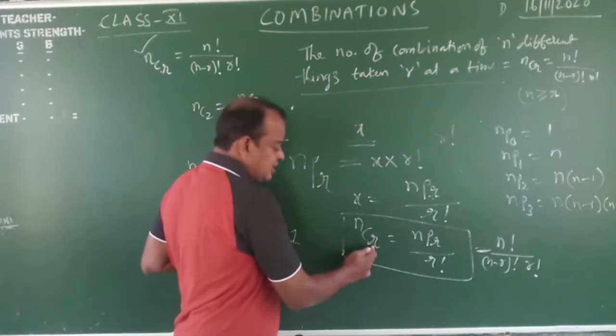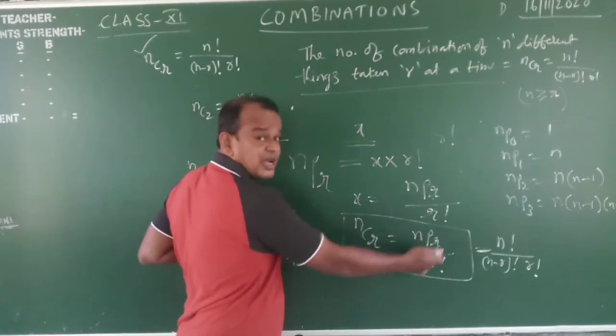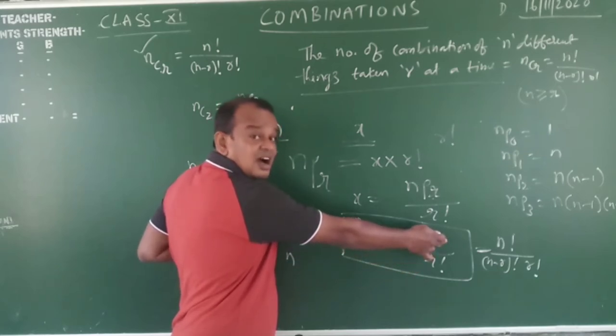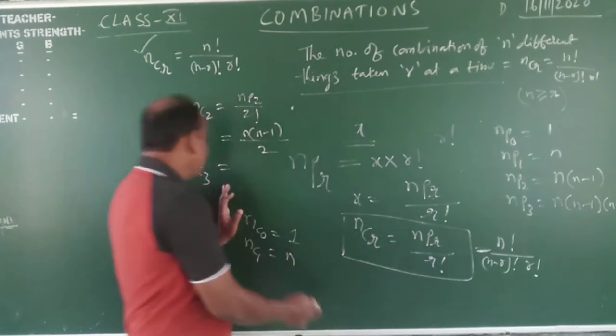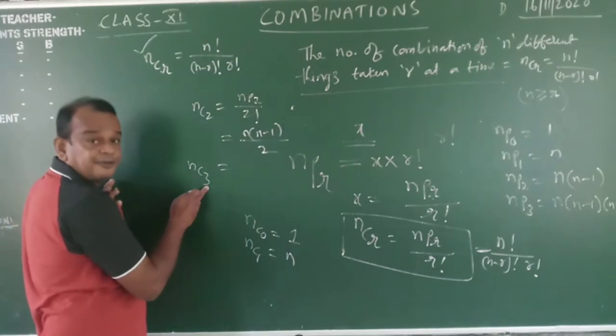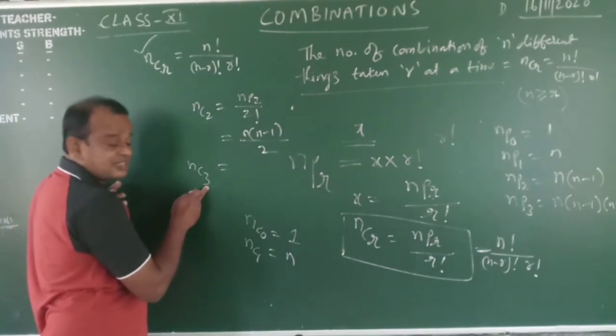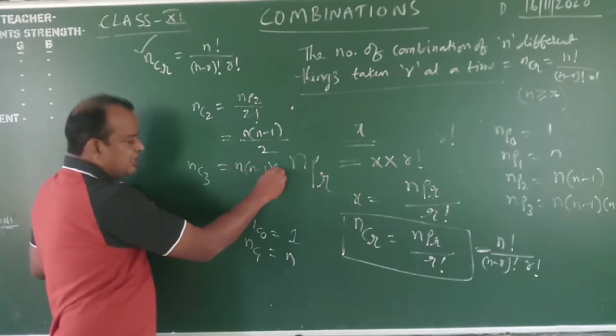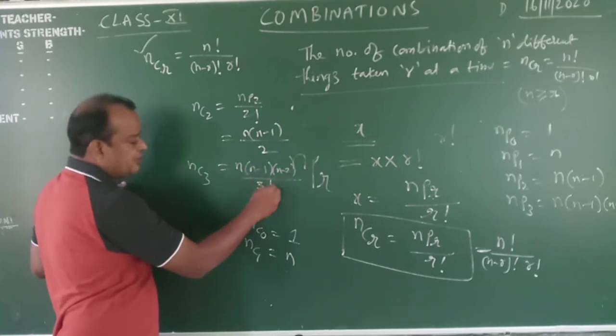Here nCr means the product of r factors by r factorial. So nC3 means the product of 3 factors by 3 factorial: n into (n minus 1) into (n minus 2) by 3 factorial.